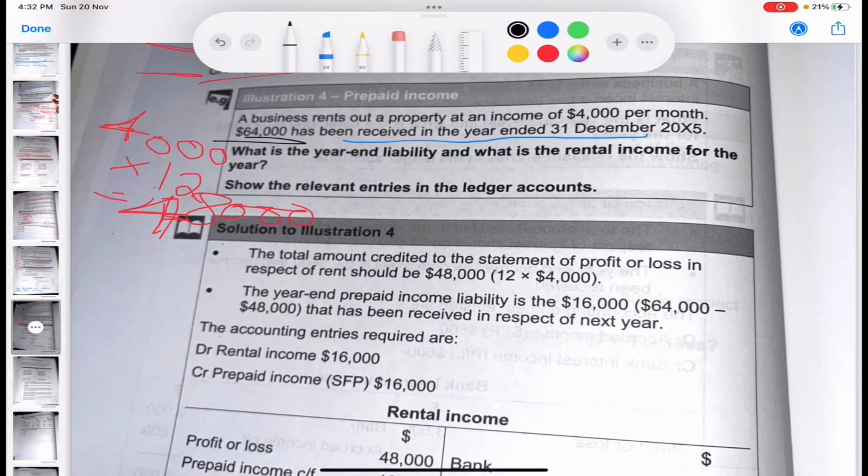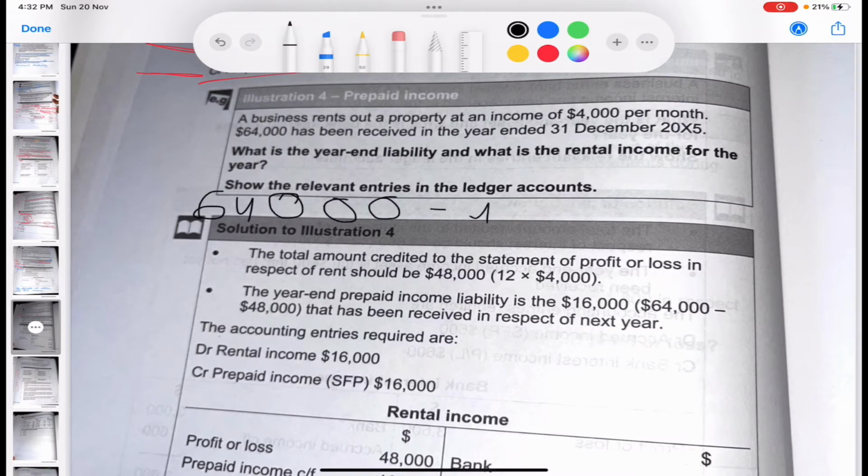So how much is my prepaid income? 64,000 minus 48,000, which is 16,000. So 16,000 is my prepaid income. Prepaid income is my liability.